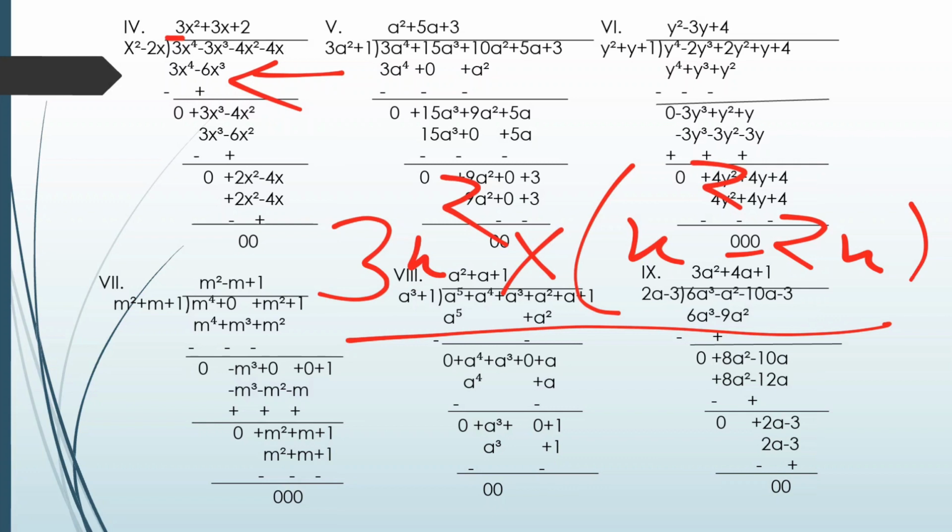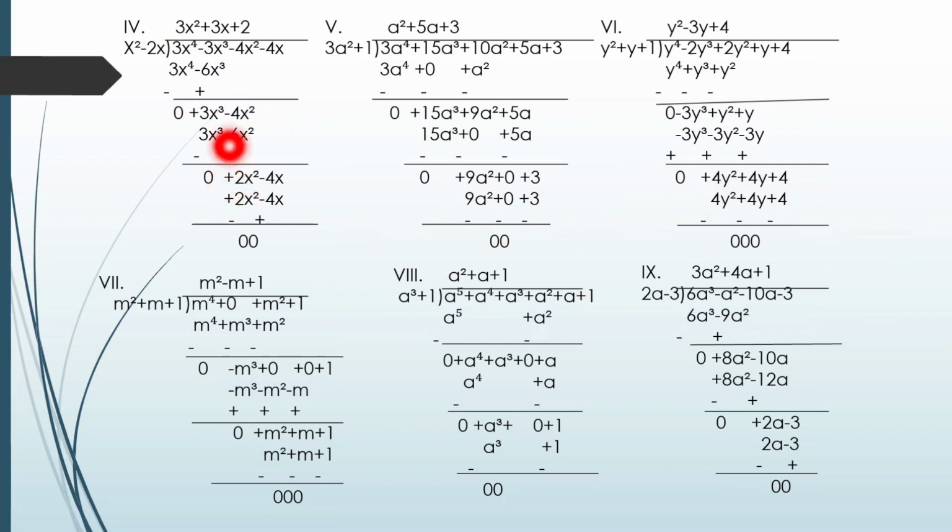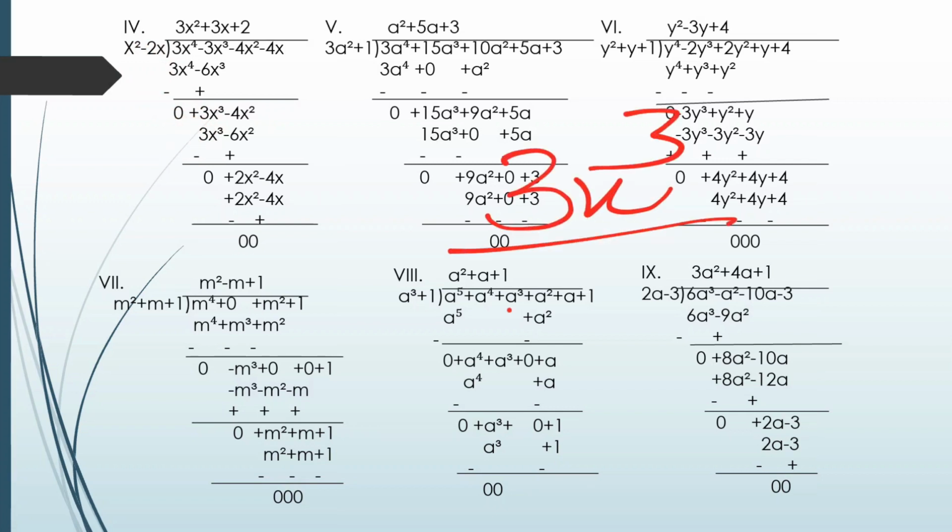Now you have to change the sign, cancel out the values and subtract them. You will get 3x cube minus 4x square from the question. Now again you have to divide 3x cube by x square. The remaining is 3x cube by x square.